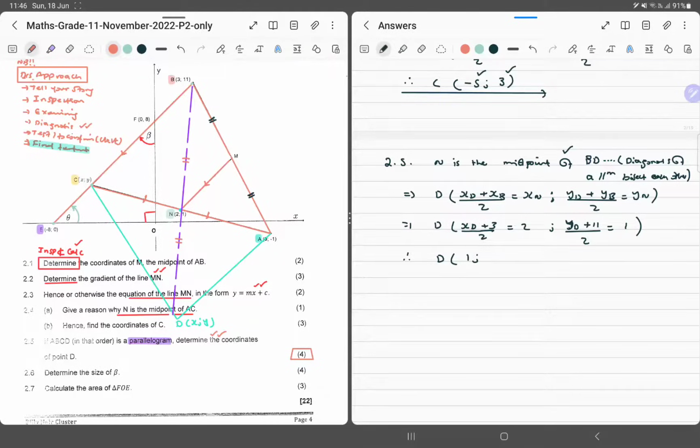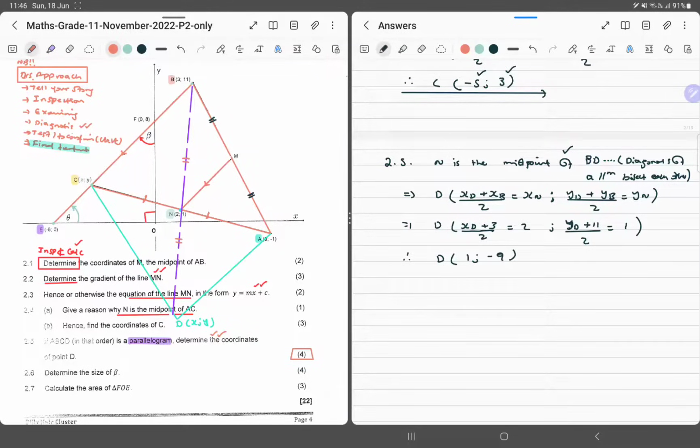Makes a bit of sense, right? Yes. And then you cross multiply the 2, it's going to be 2 minus 11, that's going to be minus 9. That looks a bit sensible because the position of that D is making a bit of sense.